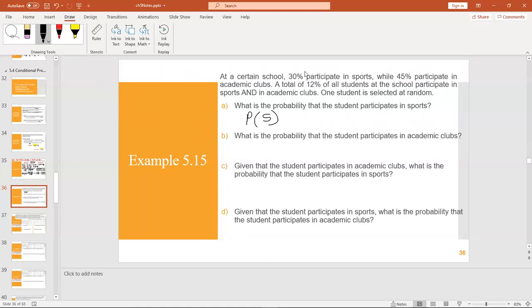That's 30%. What's the probability they participate in clubs? Well, they tell us the probability of clubs. That is 45%.